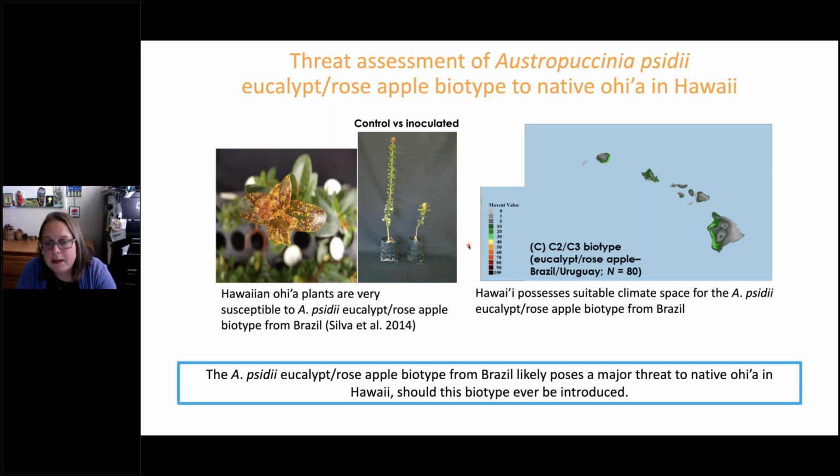When we look at our bioclimatic modeling, we also see that there is suitable habitat or climate space for this eucalypt rose apple biotype in Hawaii. So there's this risk. There's really a need to try and assess what the risk might be and then avoid getting these new biotypes introduced into different regions.